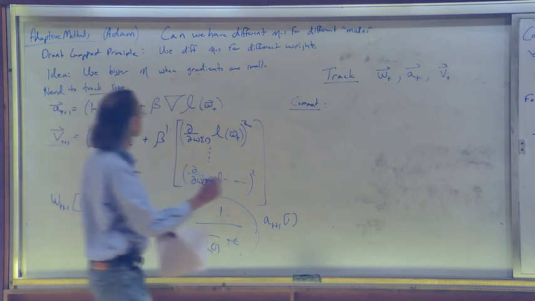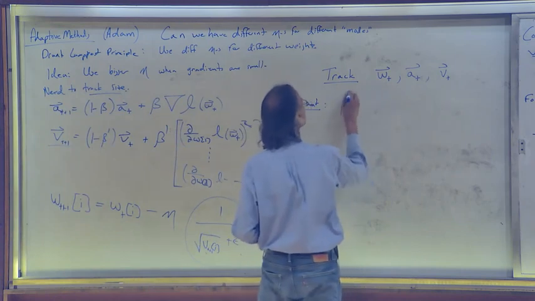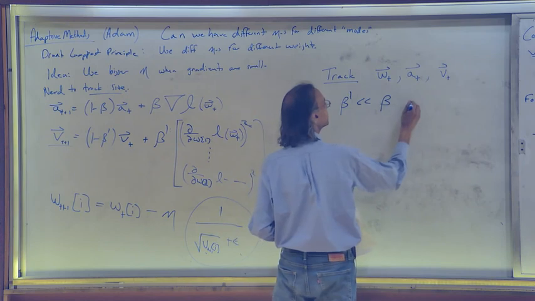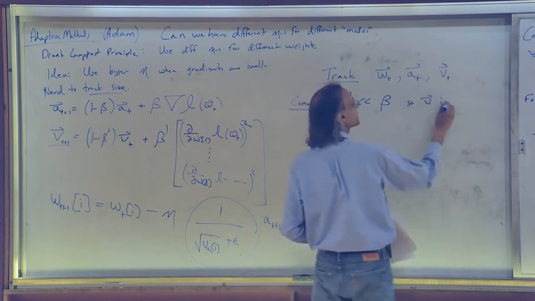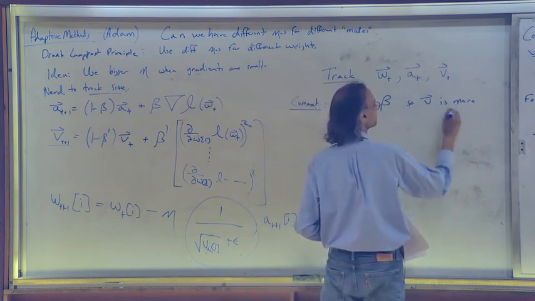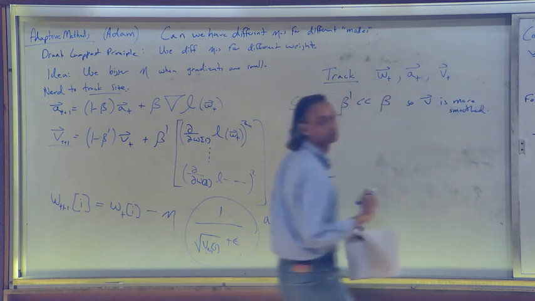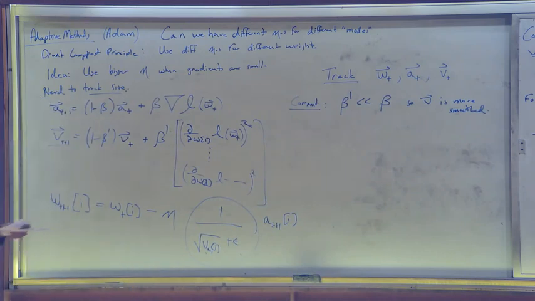So beta prime is typically smaller than beta, so V is more smoothed. So this is the consideration in Adam.